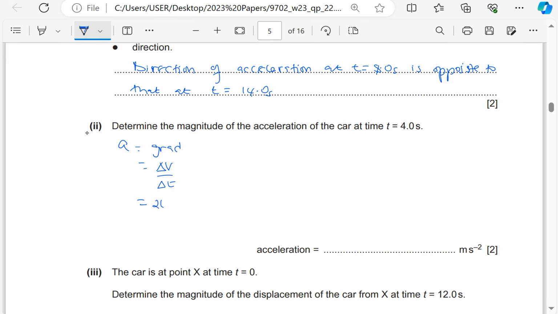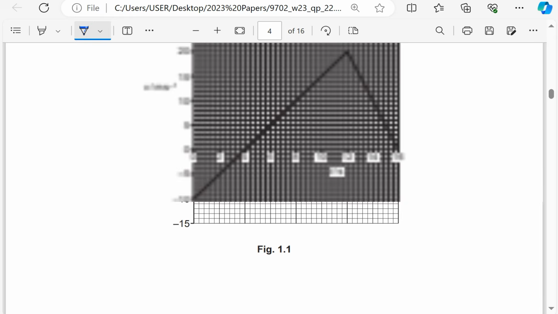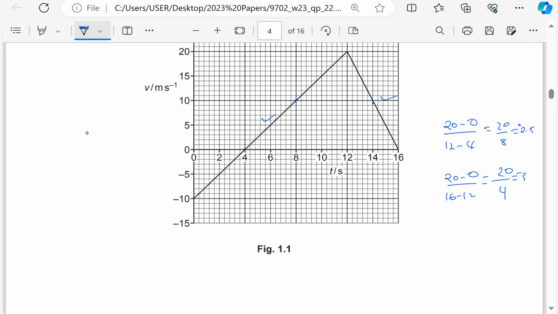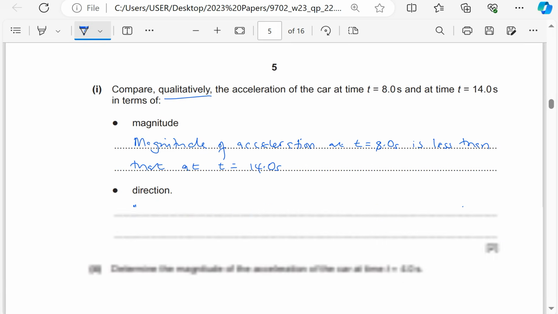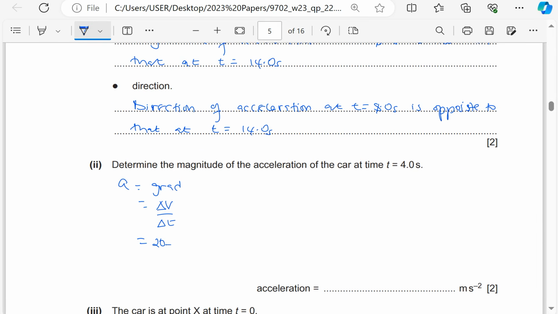So I'll just simply take the whole line. 20 minus negative 10 or 20 minus 0, whatever, the answer is the same. 20 minus negative 10 divided by the time, which is 12 minus 0, which is 30 divided by 12, which is 2.5.